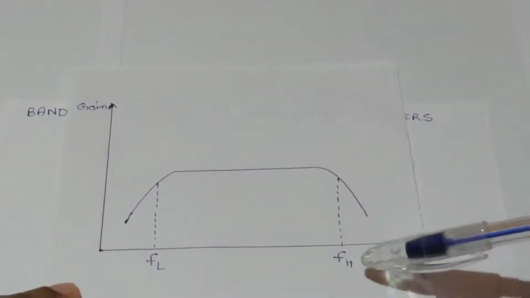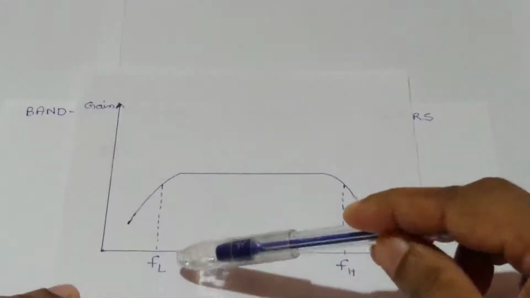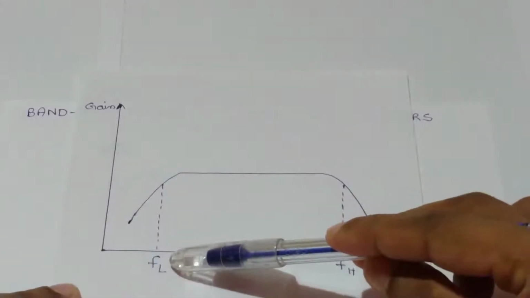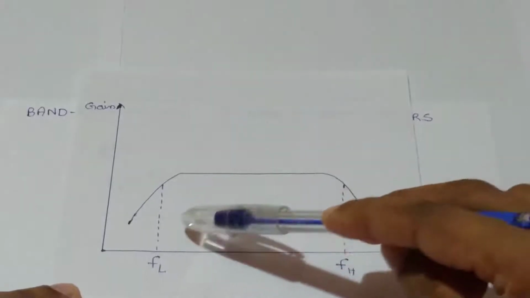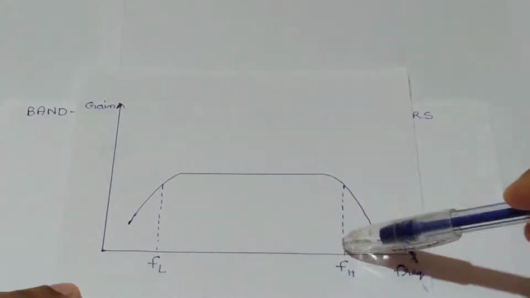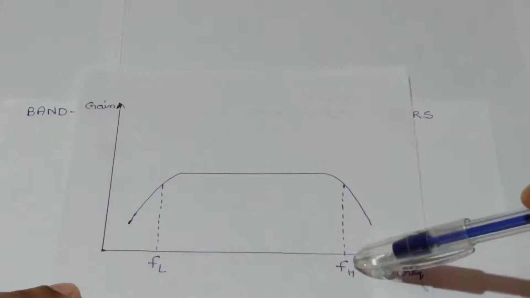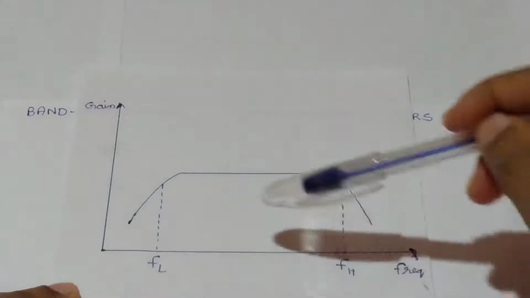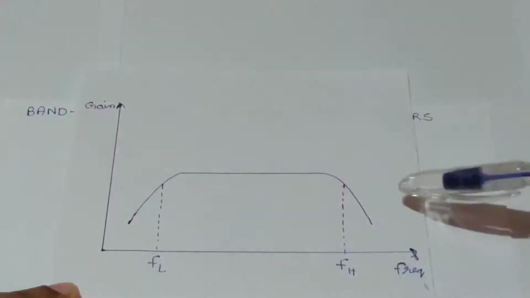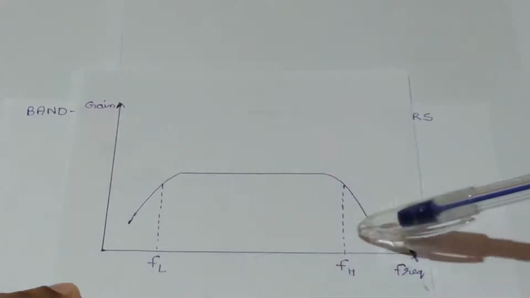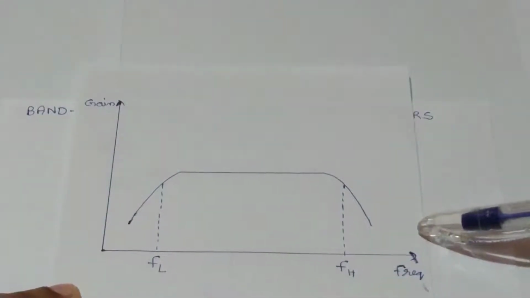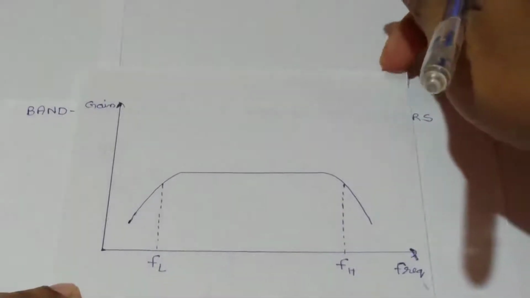Here FH is the higher cutoff frequency and FL is the lower cutoff frequency, and we can see this band pass filter passes the frequencies between FL and FH and it blocks all other frequencies. Okay, so this is the pass band and this one is the stop band of this band pass filter, and we will study these frequency responses in detail later.